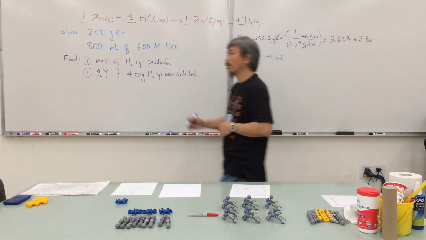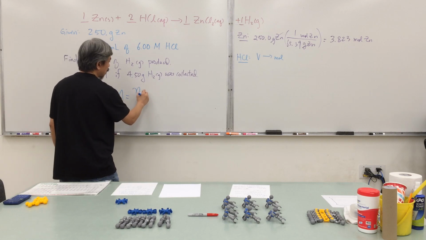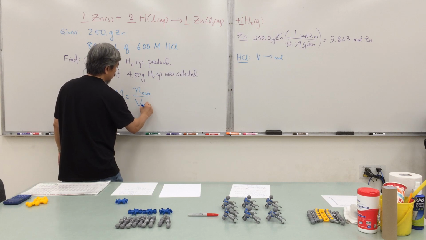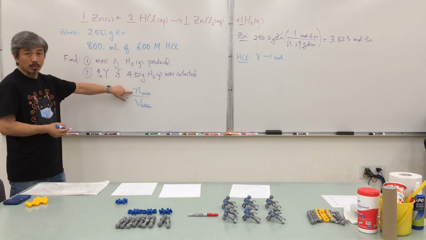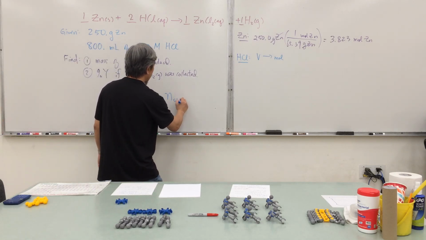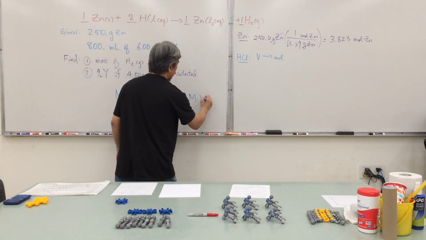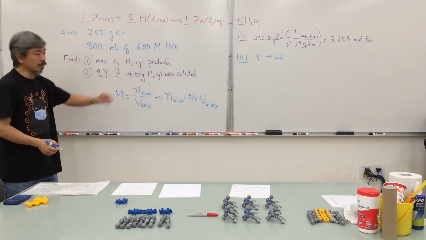Well, if you recall from before, the molarity is equal to the number of moles of your solute divided by your volume of your solution. So if I want to find the number of moles, I can now rearrange this. Then the number of moles of solute must be equal to the molarity multiplied by the volume of your solution. Okay? So this is a matter of just rearranging this.